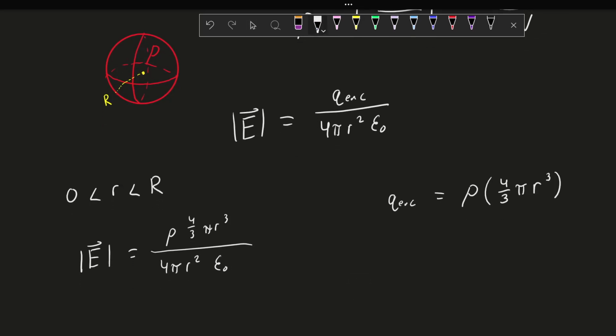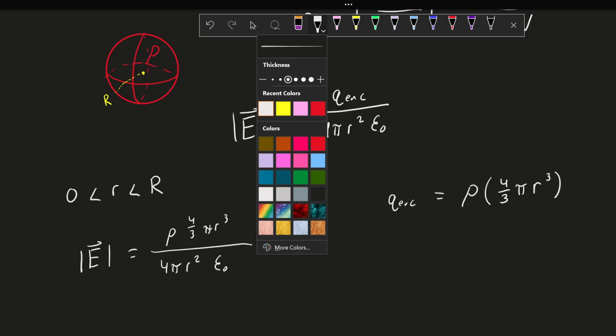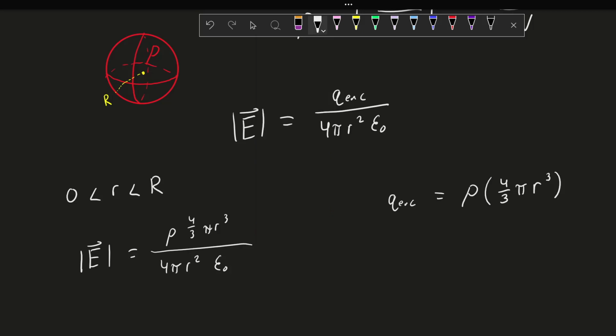And then we can simplify this and just say E vector equals rho r over 3 epsilon naught r hat, since the pi's cancel out.